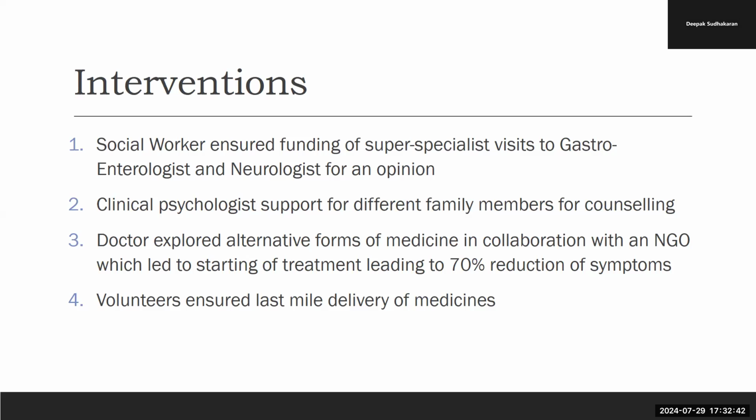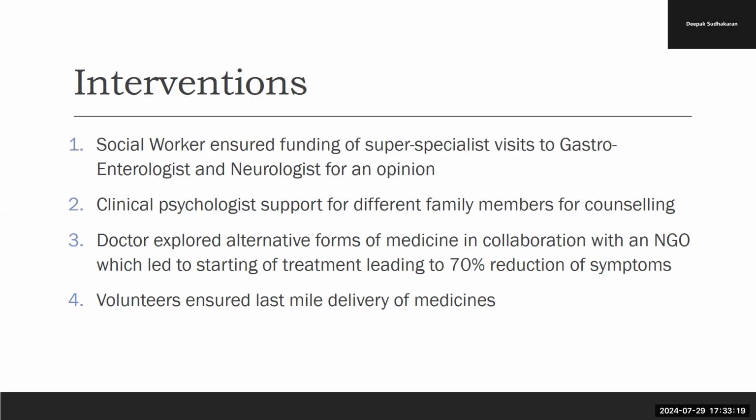And of course, we had volunteers in this region to whom we used to deliver the medicines, and they used to take it to the patient's home and give it to them. So you can see that this itself is an interdisciplinary team. And this is what a palliative care approach is. The doctor, the social worker, the volunteers, the clinical psychologist, and even the super specialists were directly spoken to, ensuring that this 27-year-old gets better quality of life.